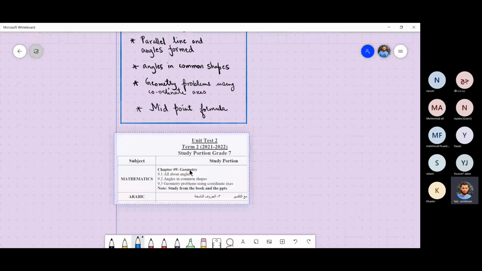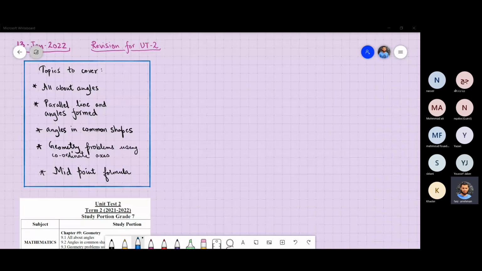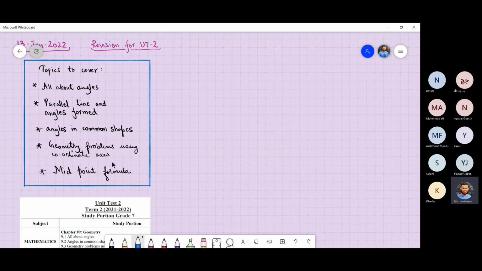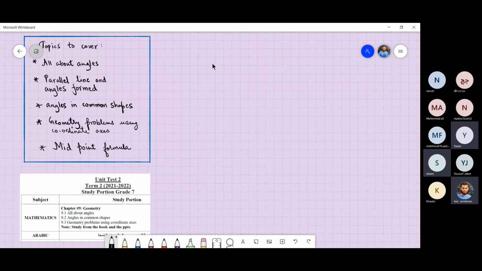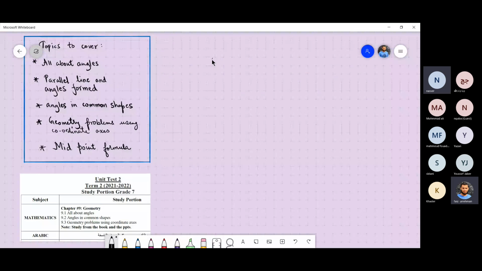Okay, so first of all, we have angles formed. Quickly, I will be recalling. For example, this angle, which is like this L shape. Which angle is this? Right angle. How many degrees? 90 degrees. Right angle contains 90 degrees.